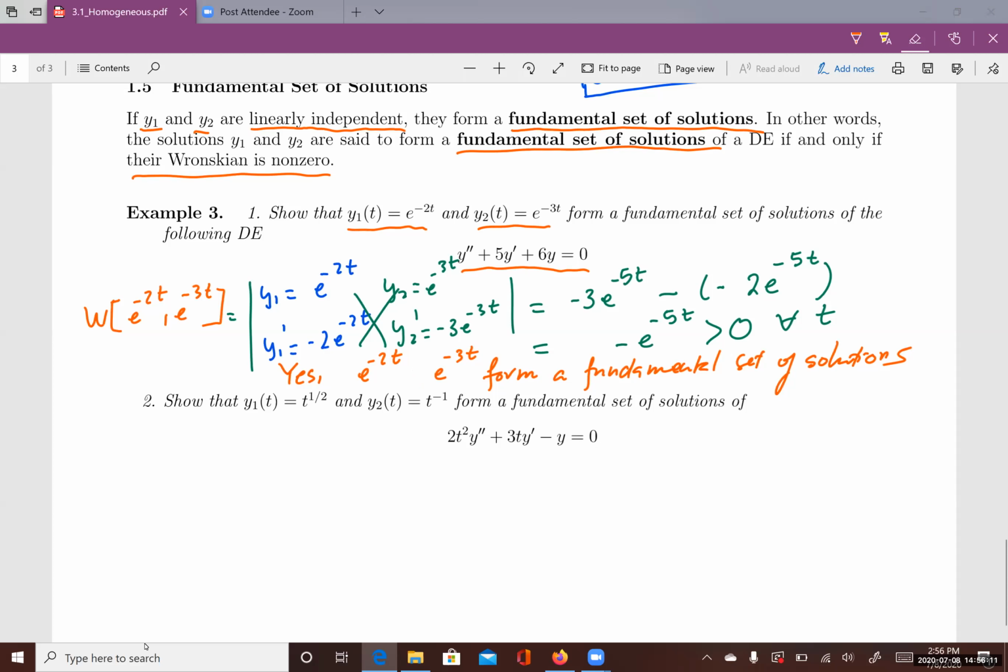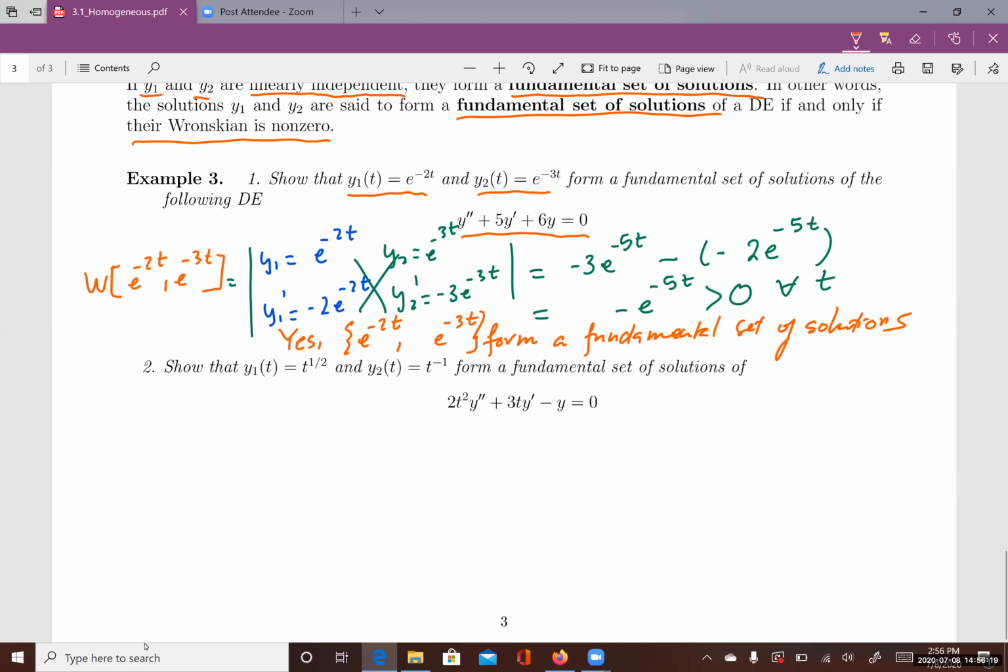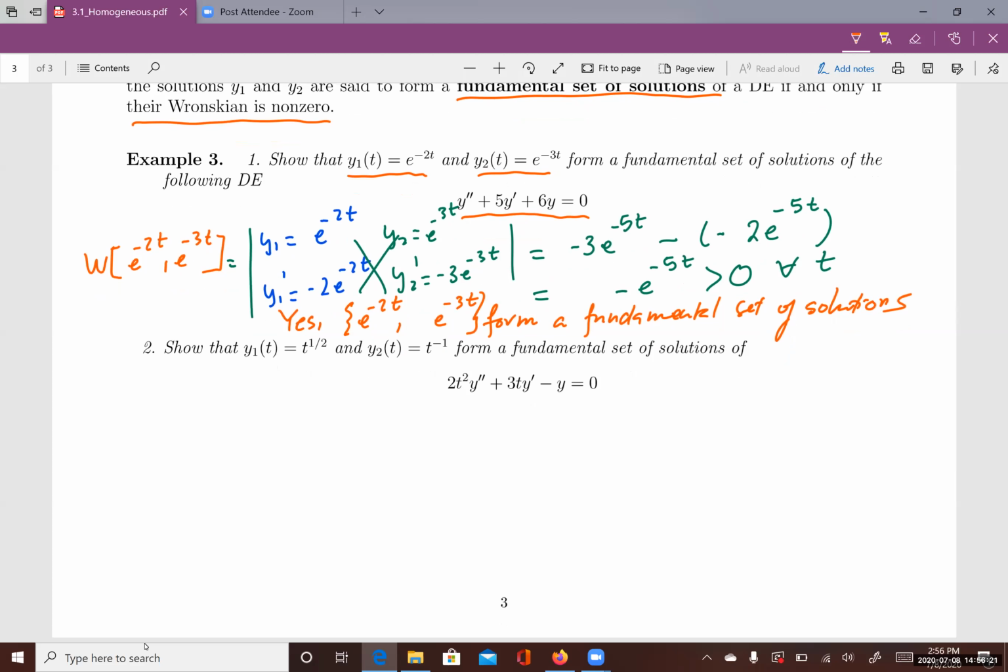Sometimes you can put this in a set form. Okay. Well, let's look at the next example. You have y1 equals t to the 1/2, then y1 prime equals 1/2 t to the negative 1/2.